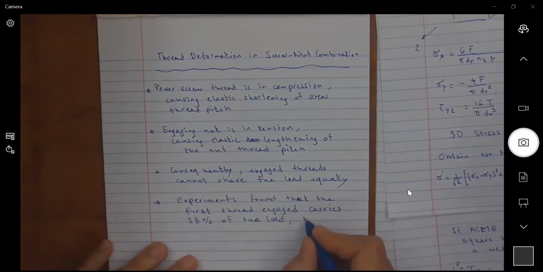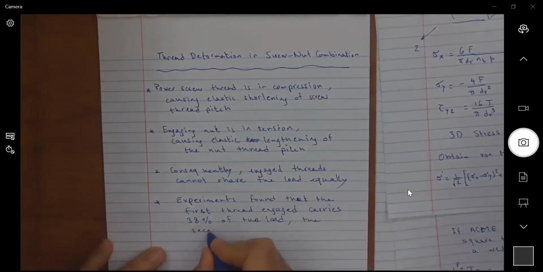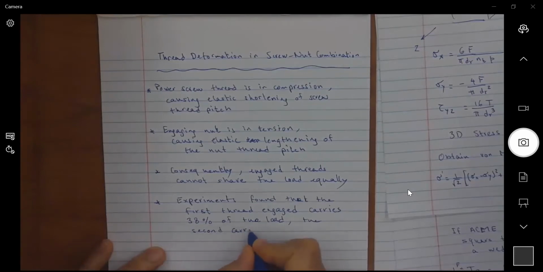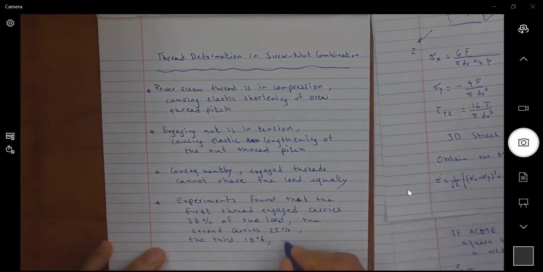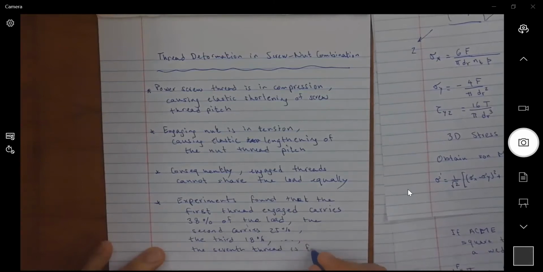The second carries 25%. The third 18%. And by the time you get to the seventh thread, it is free of load. So it keeps decreasing until you get to the seventh thread, which is free of load.